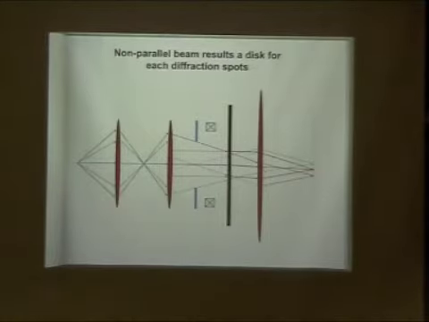It's not perfect, but if the disc is not too big, it's not a big problem. But if your angle is too large, then this disc becomes too big, and you actually start to see features in this disc that no longer give you an integrated intensity of this diffraction. Then you have a problem.